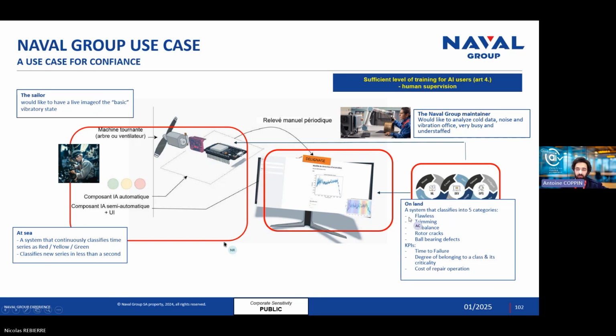So on land, the Naval Group maintainer wanted to have this system which classifies in 5 categories. And with a few more KPIs, he wanted to have time to failure, a degree of belonging to a class and its criticality, and then the cost of repair operation. That's the first green box that you can remind from the W cycle. You can switch to the next slide.